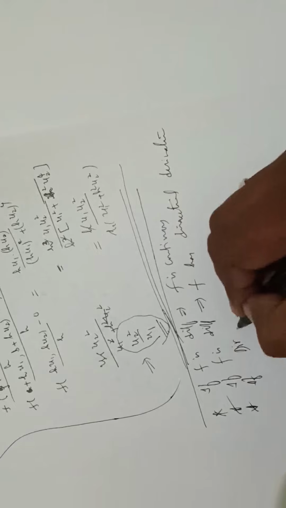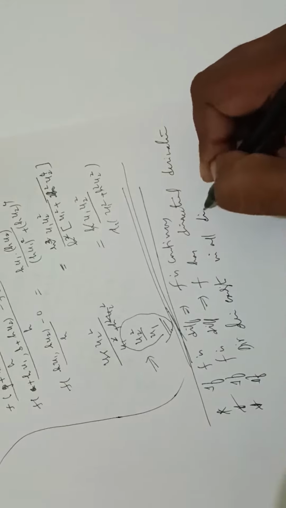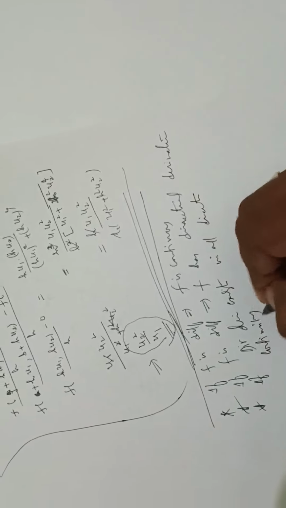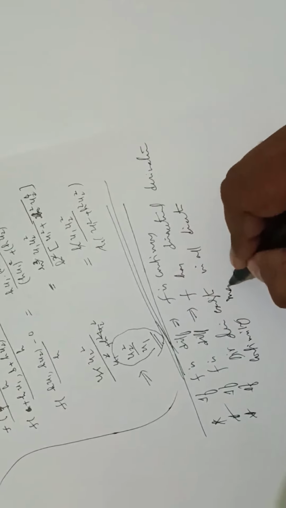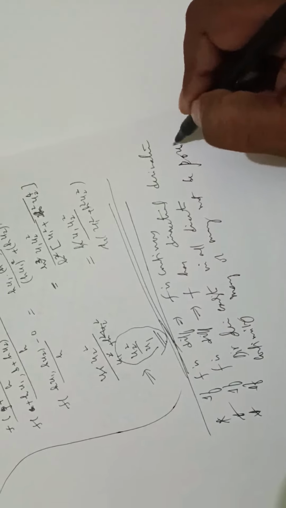If directional derivatives exist in all directions, then continuity may or may not hold, right? Because the last problem is the same. The directional derivative exists in all directions, but the function is discontinuous. Continuity is also not necessary. Idea is clear? Thank you.